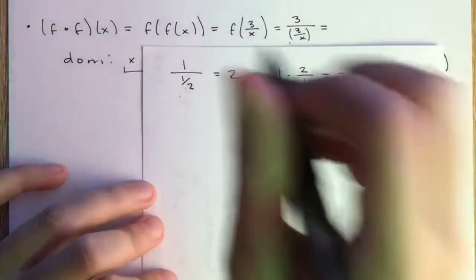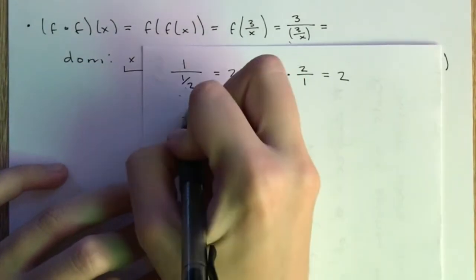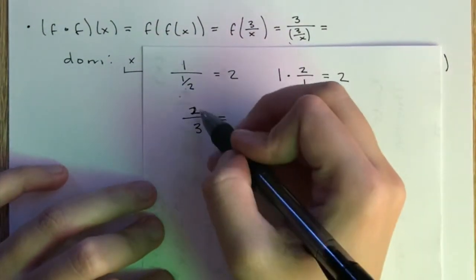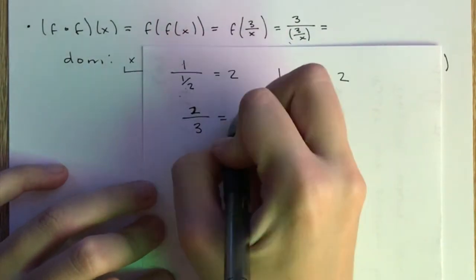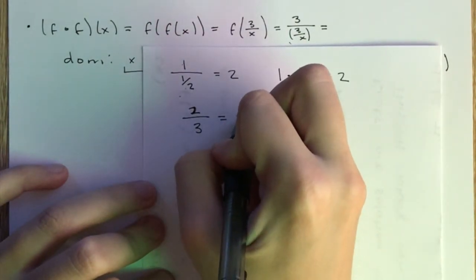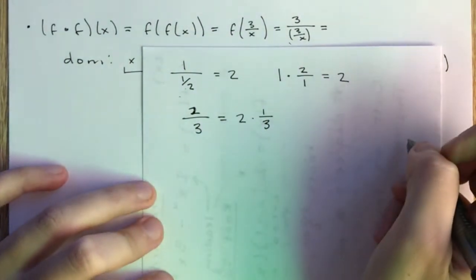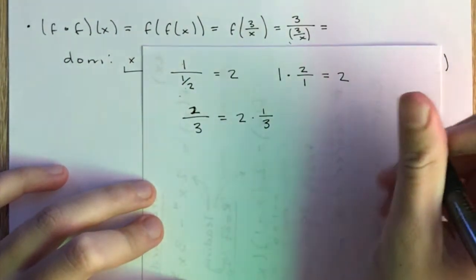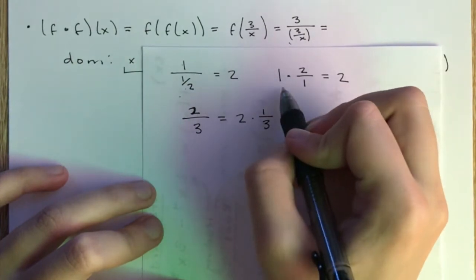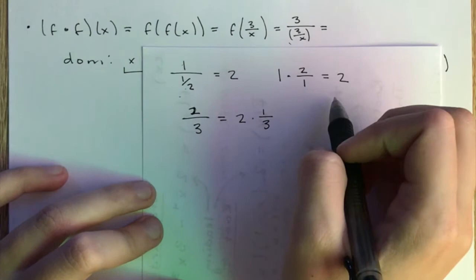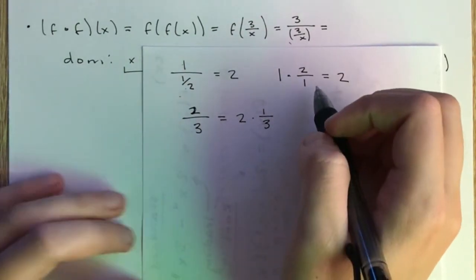The clearer way to see this is translating 2 divided by 3. 2 divided by 3 is the same thing as multiplying 2 by 1/3, right? So that's why 1 over 1/2 is the same thing as 1 times 2 over 1.